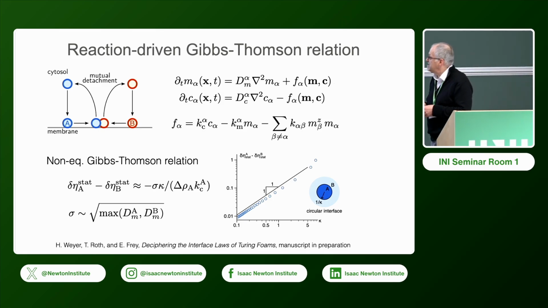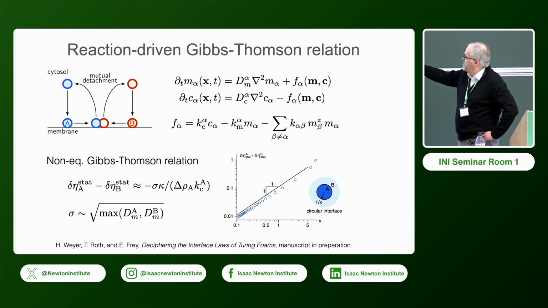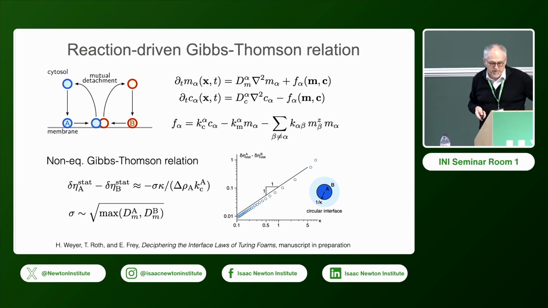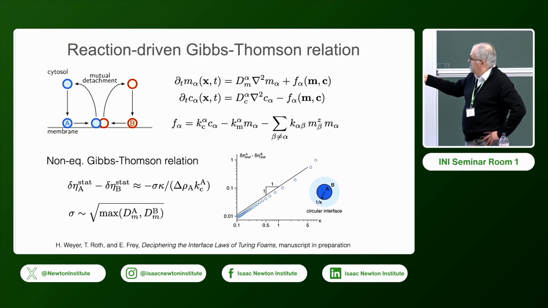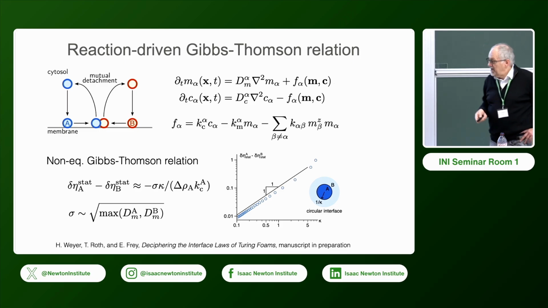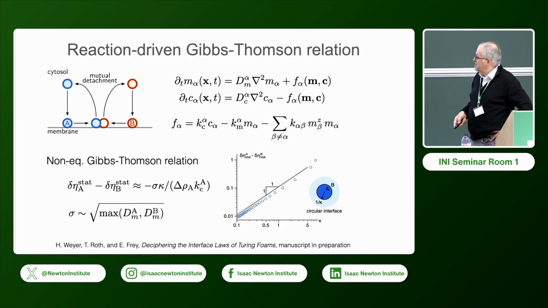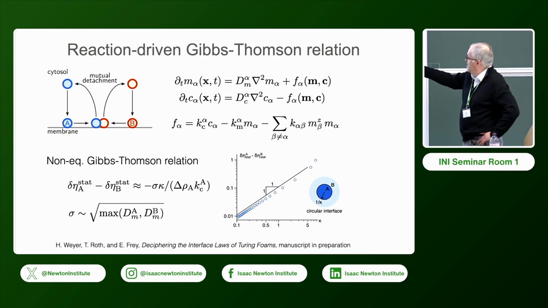And then on the right-hand side, you get what's typical for a Gibbs-Thompson relation: a surface tension, the curvature, and the jump in the density of the particles, here the A particles. The surface tension, as I say, is related to the interface width, which is given by the maximum of the diffusion coefficients of the A and the B species on the membrane. And here's a check, which just shows you that the calculation that Henrik and Tobias did is right.